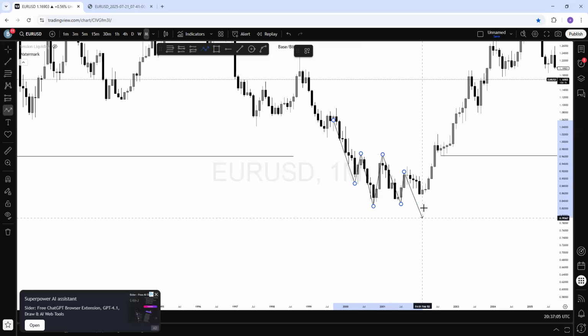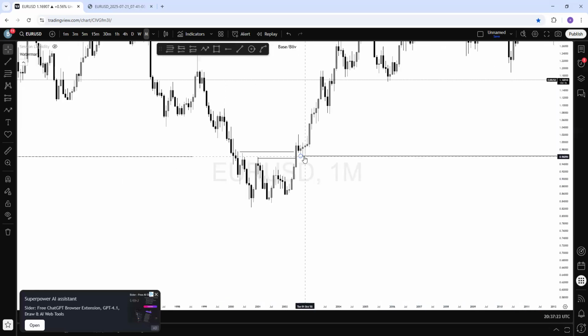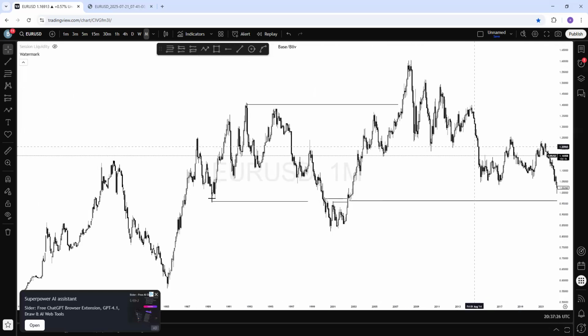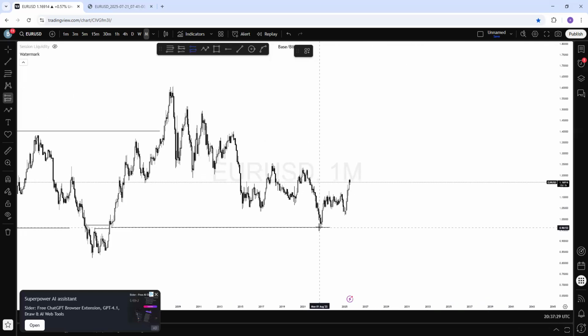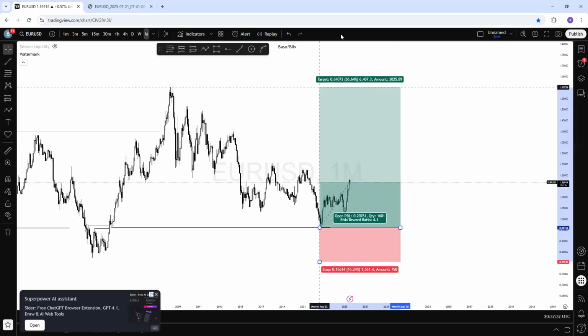Market is supposed to sell, but it failed. Market broke structure 1 and then structure 2, and this is the first pullback after the break of the two structures. So this is our B leg. We should expect the market to take this out and then buy. If we are buying from here, our target is somewhere around here.